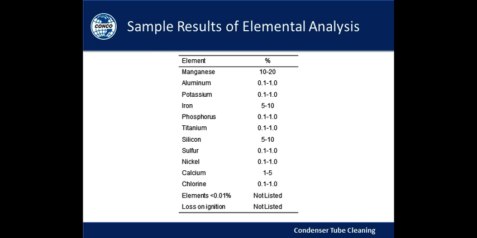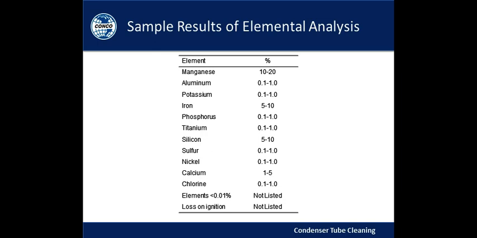Here we show elemental analysis with 10 to 20% manganese and 5 to 10% iron. Well, that means I need to come up with a cleaning solution that's going to be able to deal with that type of deposit. We know manganese is crystalline. It's very thin, it's hard, and difficult to remove.